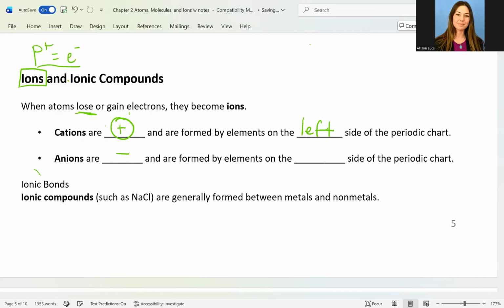Anions, on the other hand, are going to be negatively charged and are formed by the elements on the right side of the periodic table, so those nonmetals above the staircase. And then when a metal and a nonmetal combine, most commonly something from the left and the right side of the periodic table, we get ionic compounds.